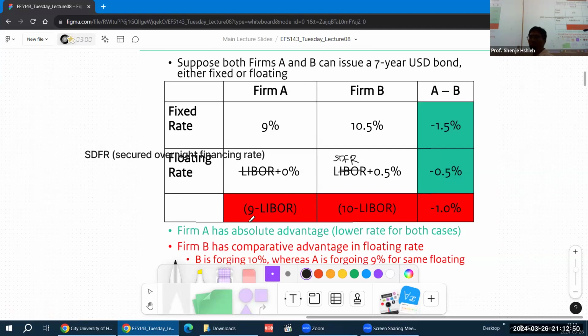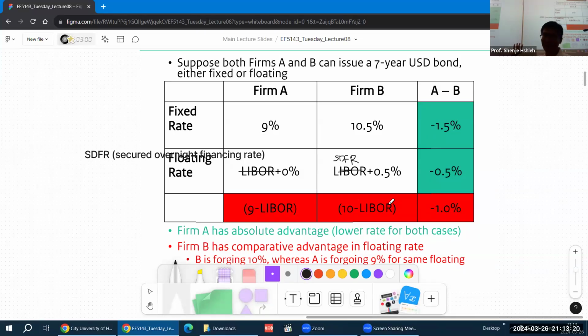When we're talking about borrowing rates, lower is better, right? And this is saying that firm A is giving up much more when borrowing floating rate than firm B. And so firm B has a comparative advantage in borrowing floating rate, because it has a crappier interest rate otherwise, right? 10.5%.